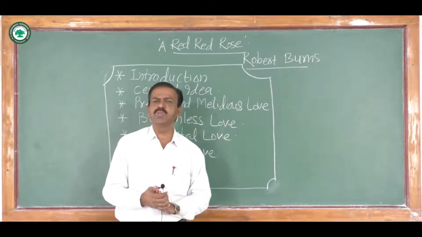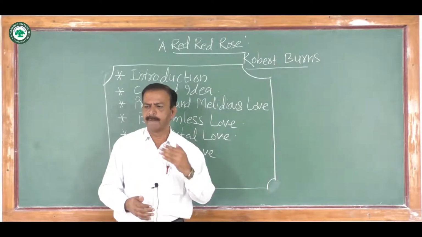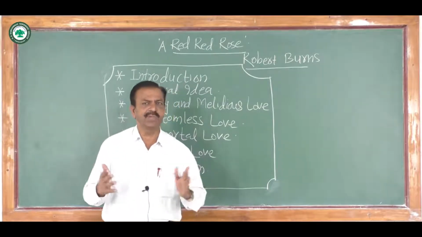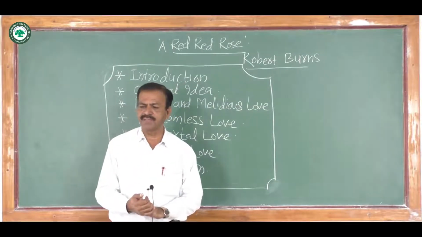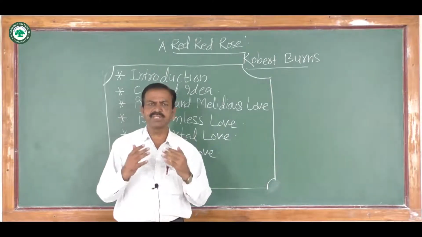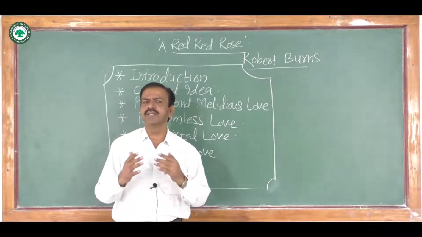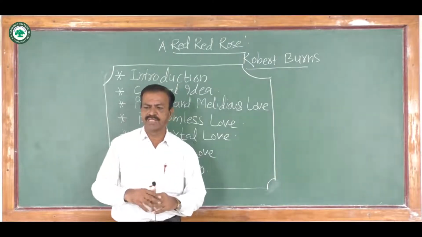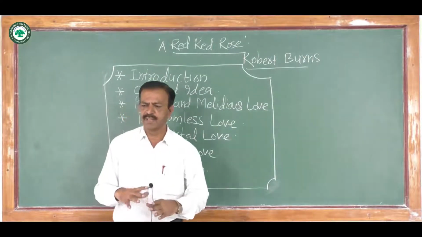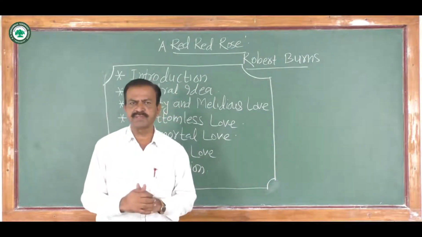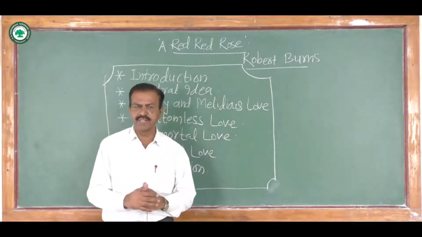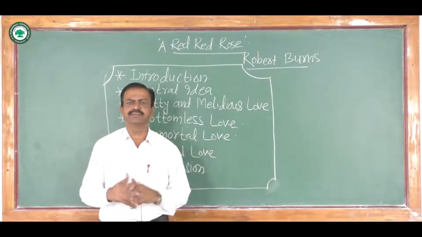Then he is also known as the peasant poet, and in his poems he describes the life and culture of Scotland as well as England. His main focus, or his poems, celebrate the traditional Scottish culture.